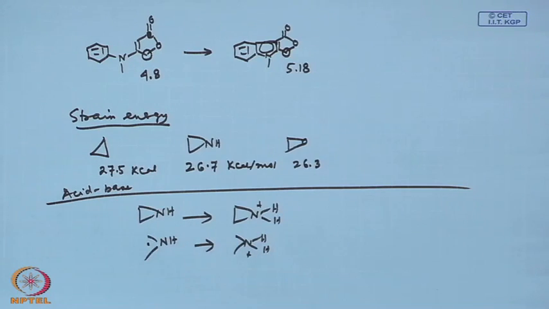So, aziridine is less basic, but it is more basic than aryl amines, which you have to remember. That means the basicity of aziridine is in between the aliphatic amines and aromatic amines. What we are trying to say is that the presence of a heteroatom would change the acidity and basicity.